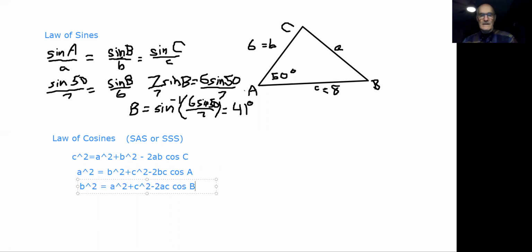Okay, now in this case up here, since we're looking for side a, we would use this middle side here.